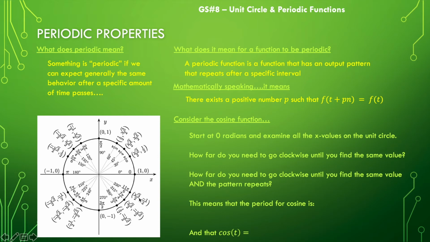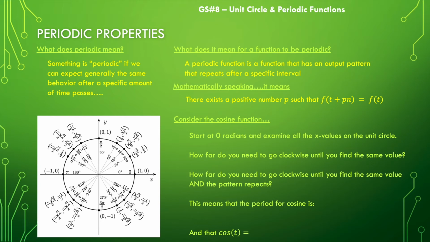But does the pattern start repeating there? And the answer to that is no, right? Because the rad 3 over 2 here is followed by rad 2 over 2, and the rad 3 over 2 here is followed by 1. We want to have the same values in the same pattern. So it takes us one full revolution, one full time around the unit circle, for that period to emerge.